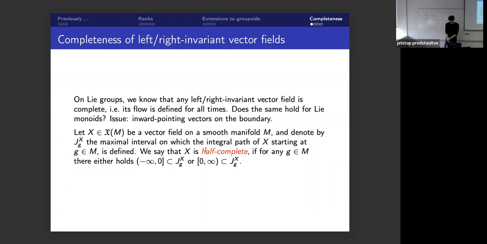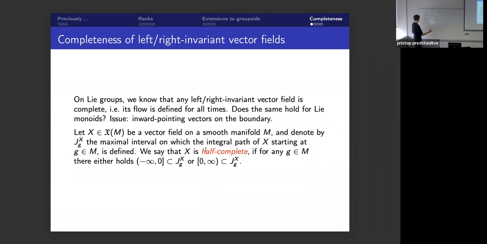So we still have time to debate these qualities of left invariant and right invariant vector fields on any Lie category. What's the motivation here? On any Lie group, we know that left invariant or right invariant vector fields are going to be complete.